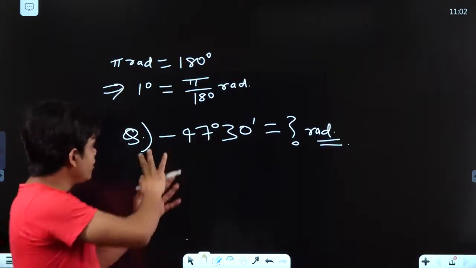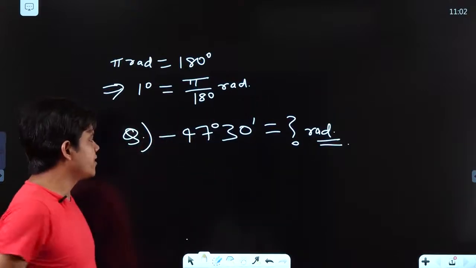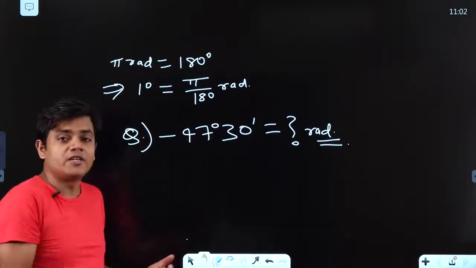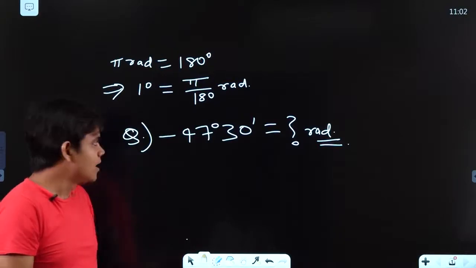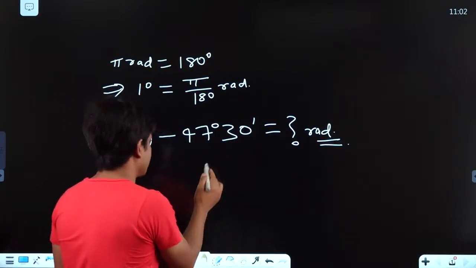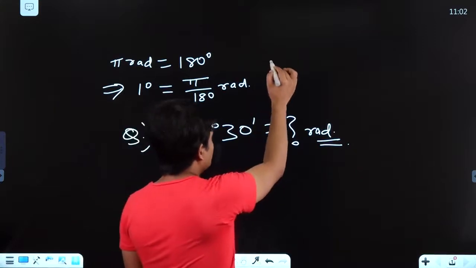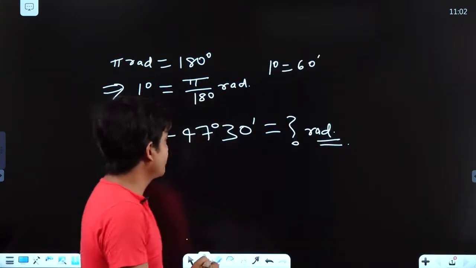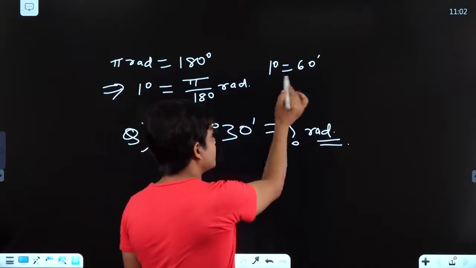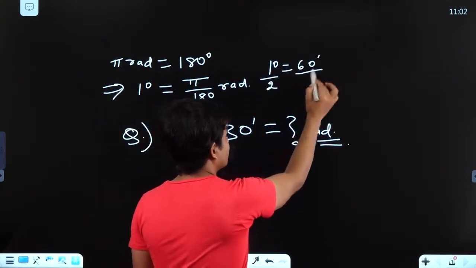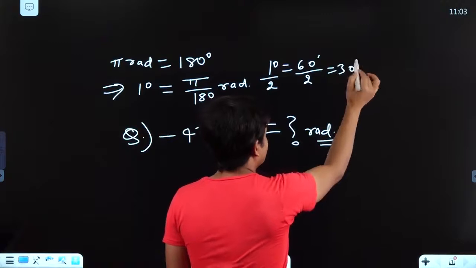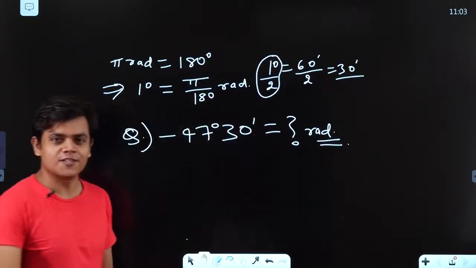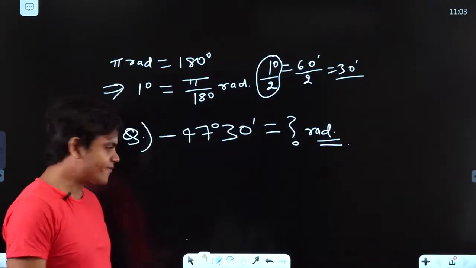So first of all, if you want to change it into radian, you have to make it into the form of complete degrees. So we know that 1 degree is equal to 60 minutes. So for 30 minutes, divide both sides, then you will get 30 minutes is equal to half a degree.